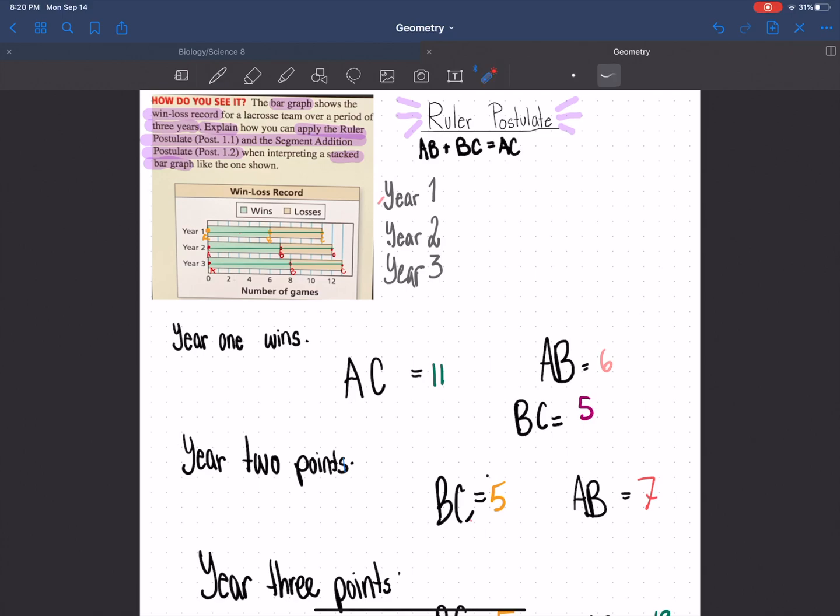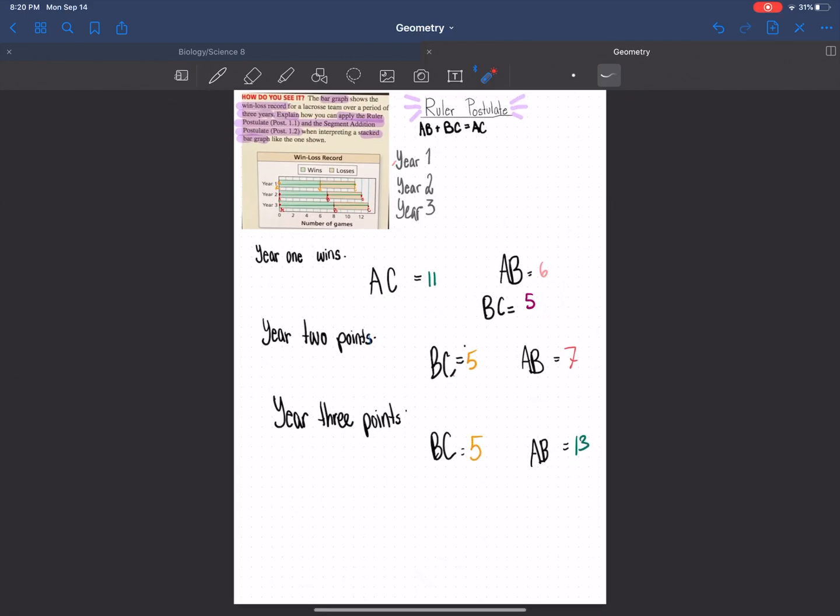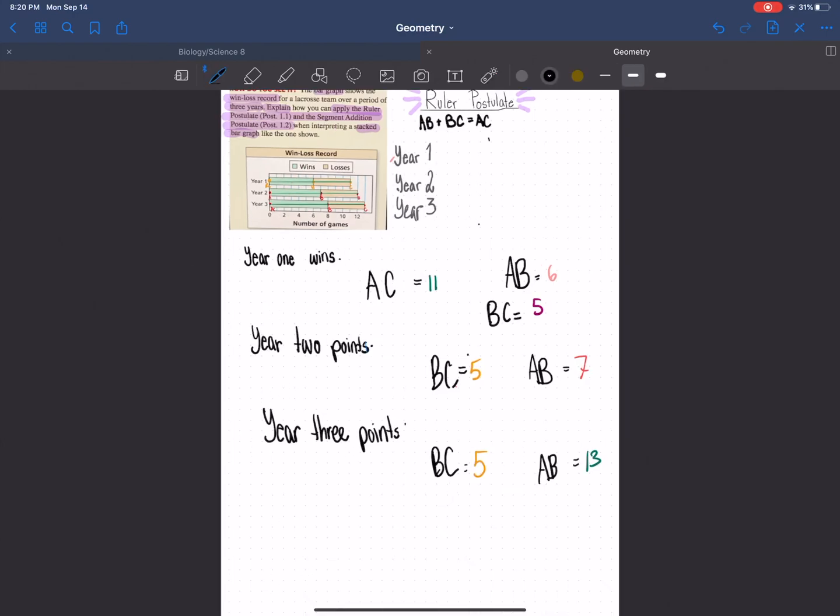Or when you add them both up, you get the total distance, AC, the whole line segment. So you know BC and you know AB. So if AB is 7, 7 plus 5 equals AC. Combine like terms and you get 12 is equal to AC. So AC is equal to 12.